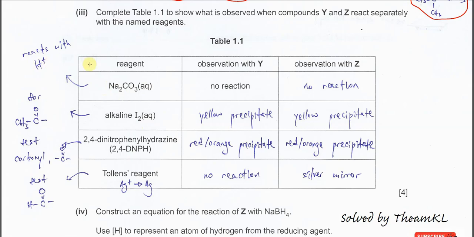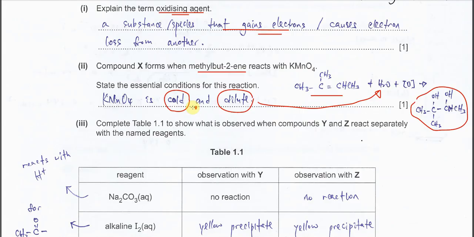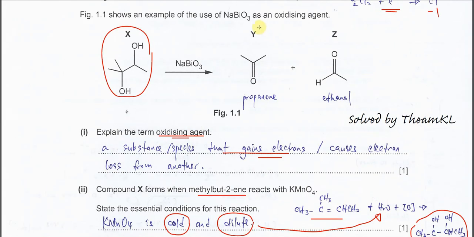So if the organic compound has a carboxylic acid, then you will see effervescence and so on. For Y and Z, compound Y is propanone, a ketone, and compound Z is the aldehyde, which is ethanal. So these two compounds have no carboxylic acid groups.